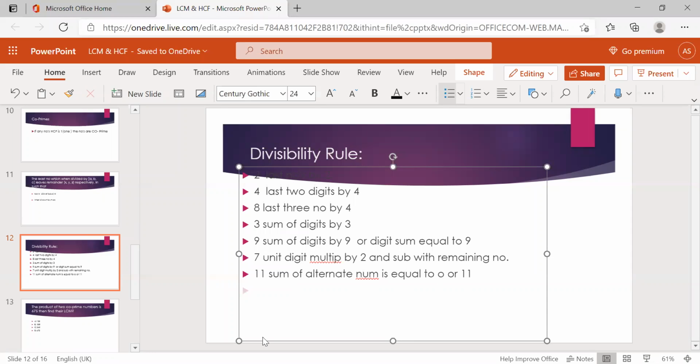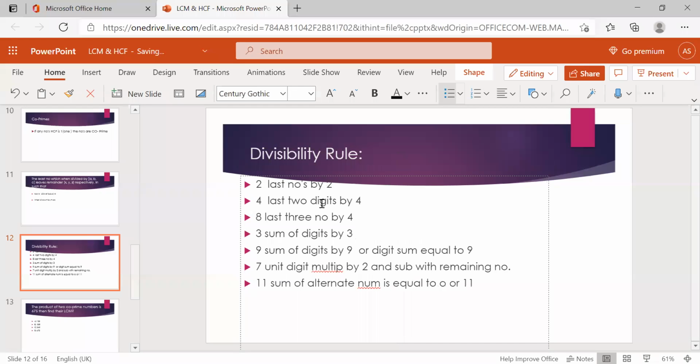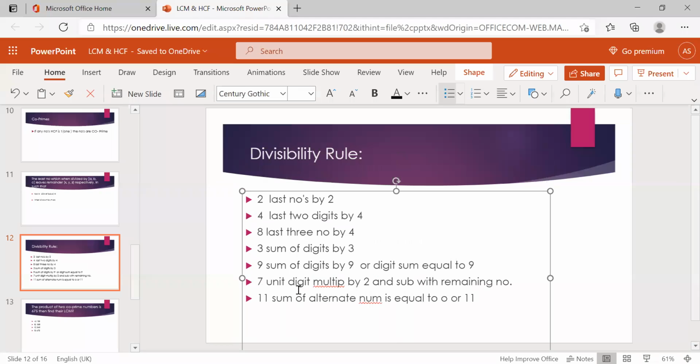Okay, these are the divisibility rules of 2, 4, 8, 3, 9, 7, 11.